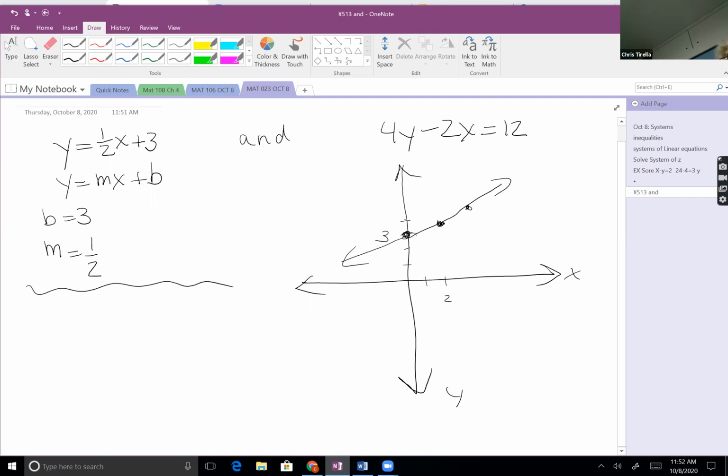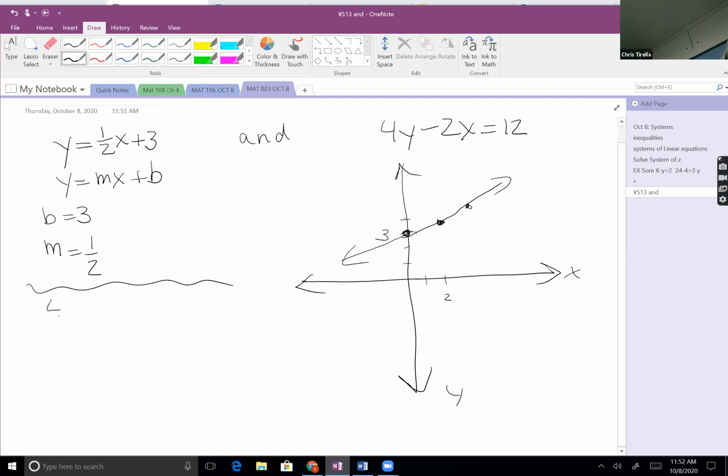Next line, we have to do a little bit more work. We have 4y minus 2x equals 12. We have to get y alone. So first I'll move the x to the other side by adding 2x. On the left, I'm left with 4y. Over here, these are not like terms because one has an x and the other doesn't.